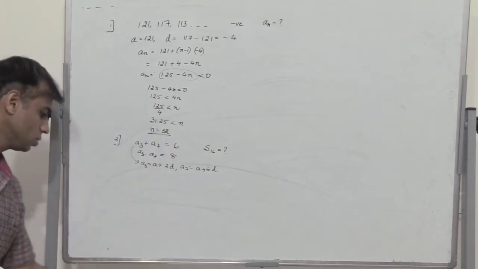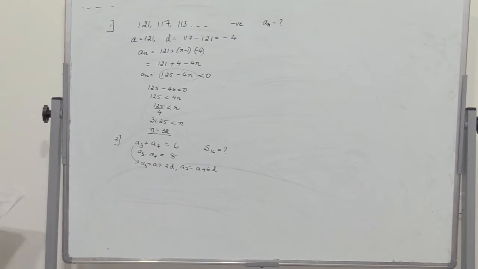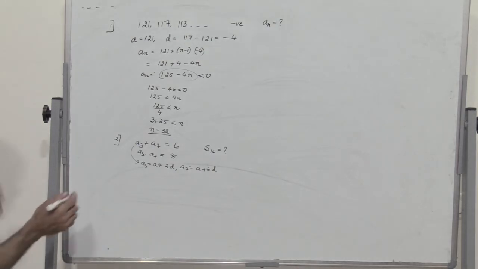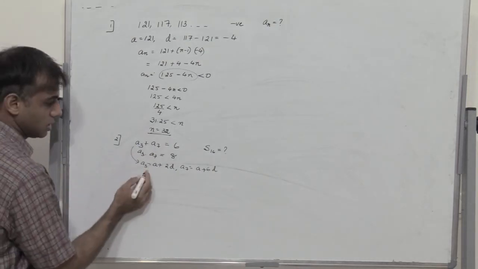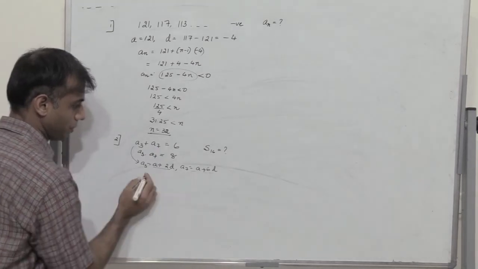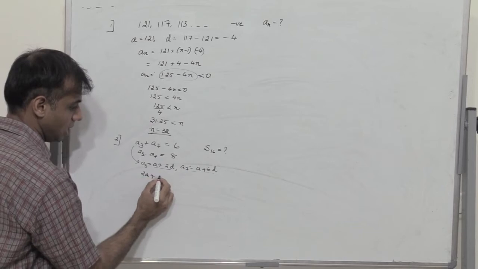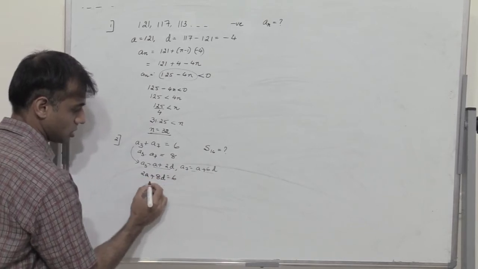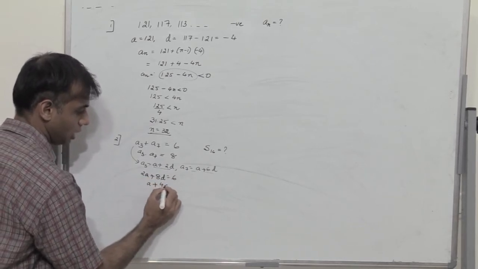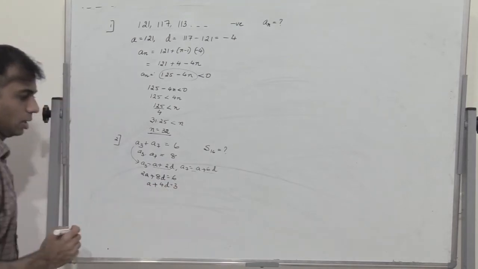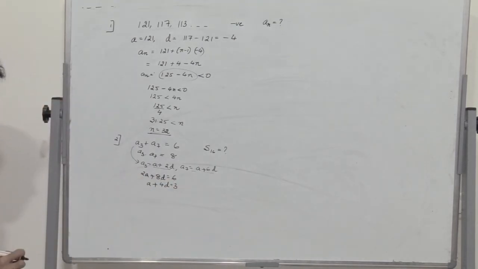And we also have the multiplication which gives us a value 8. So given in the problem a3 plus a7 is 6. So therefore let me add these two. So we get 2a plus 2 plus 6 is 8d equals 6, or a plus 4d equals 3. So by dividing the entire equation by 2.